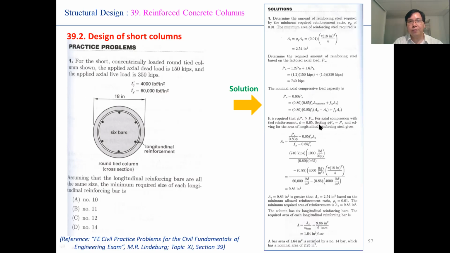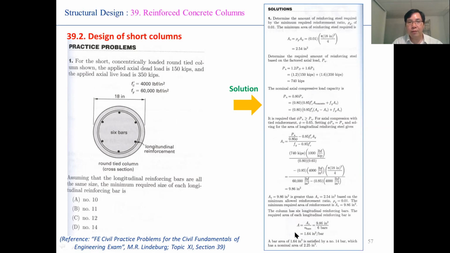And finally, you can calculate the area of longitudinal reinforcing steel As given by this equation. And finally, you can calculate the required area of each longitudinal reinforcing bar by this equation.